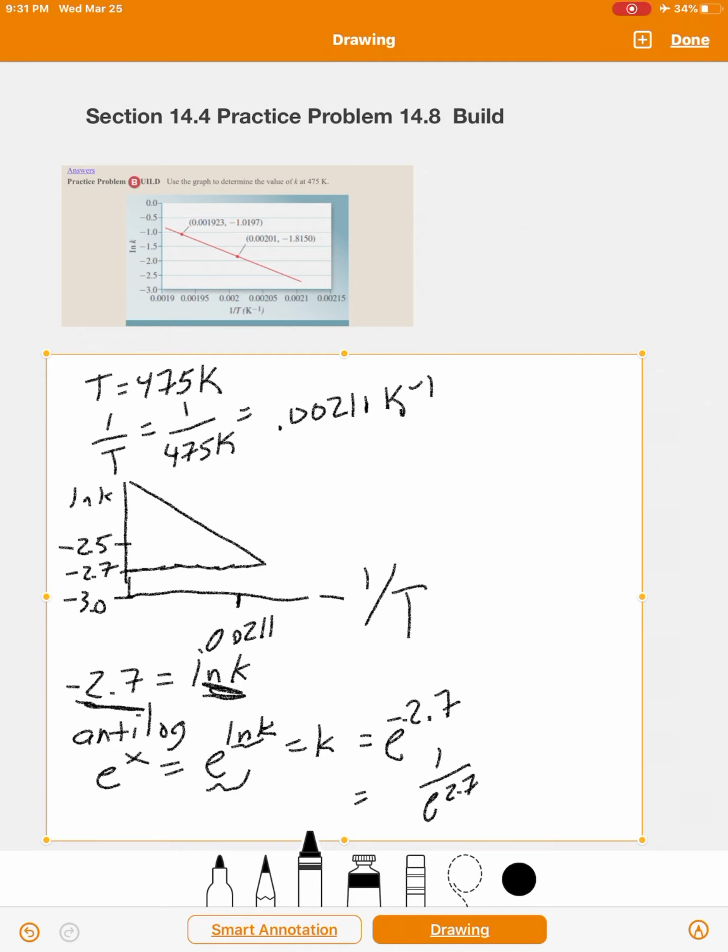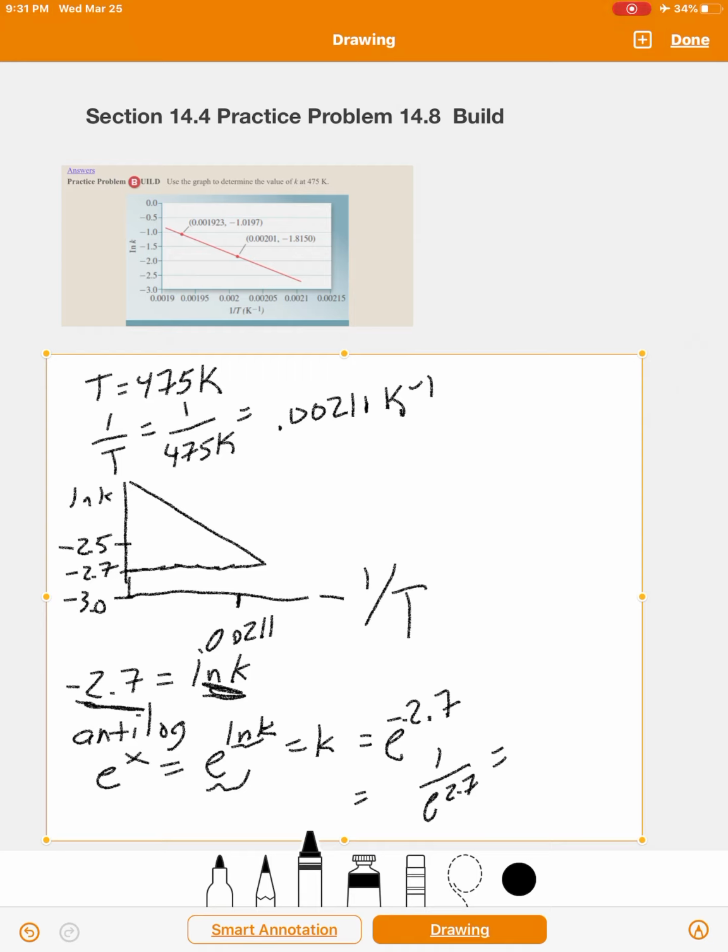Now, e is a little bit under 3. It's like 2.78. So really, it's sort of like 3 to the third power, which is 27. So this would be 1 over 27 or 1 over 24 or something like that. So it's going to be a number that's less than 1.